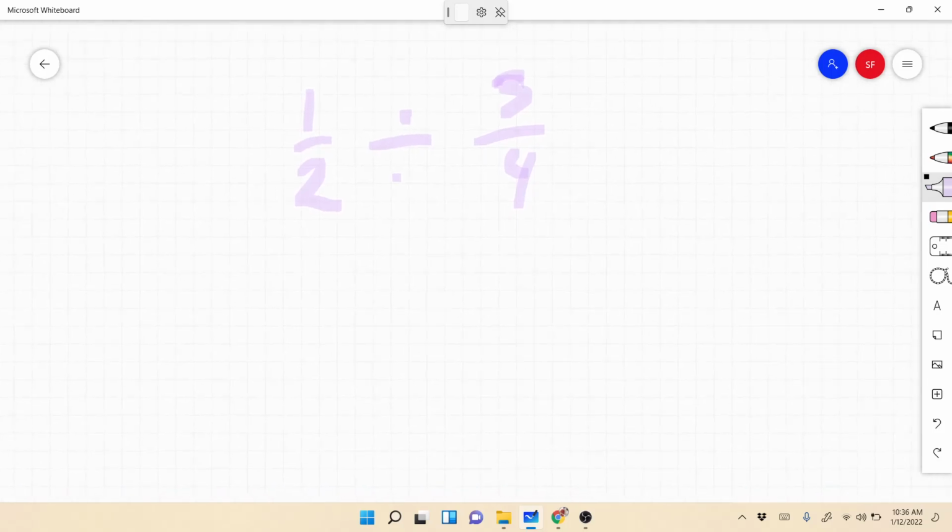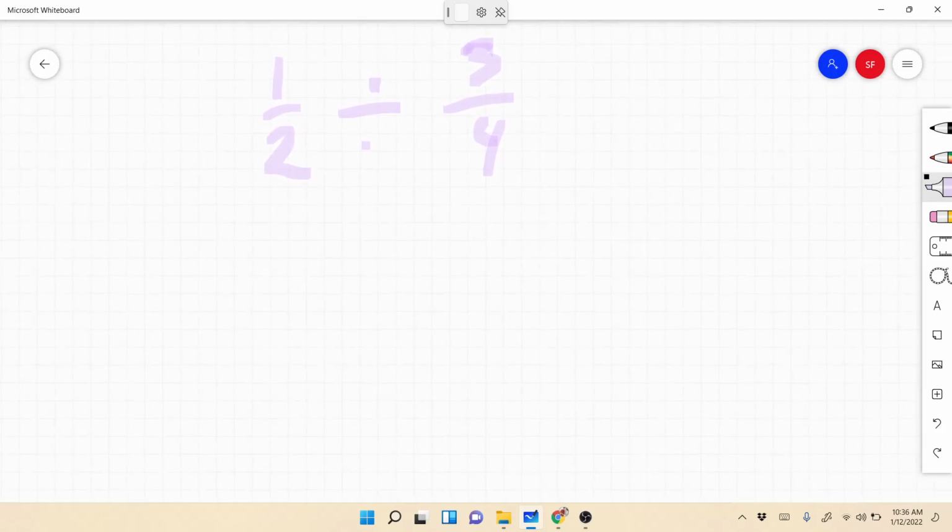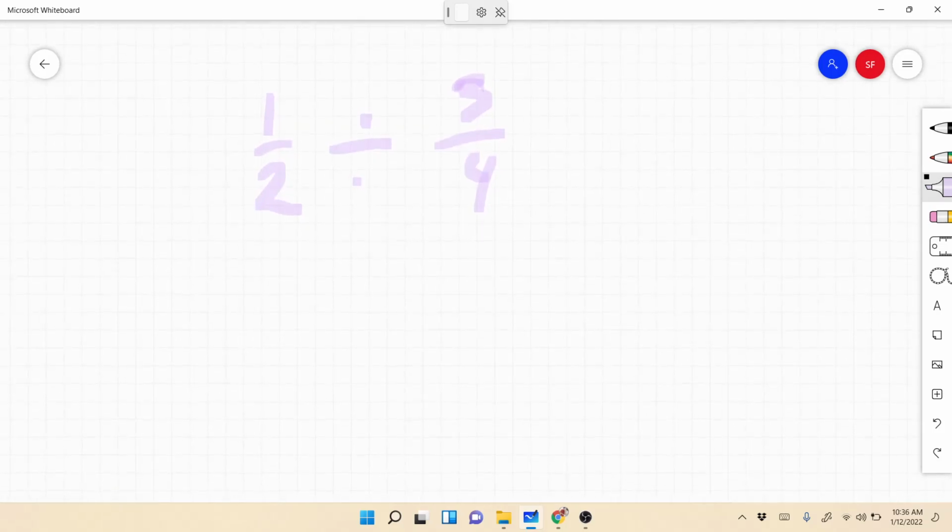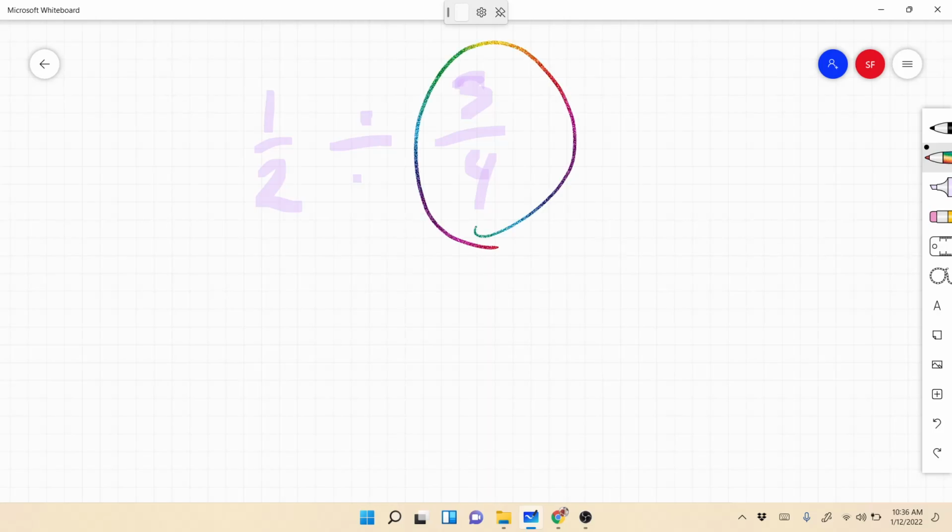Y'all remember? Just divide straight across. Not quite. No, that would be easier if we're multiplying. We multiply straight across. We have to do something with this one first. Y'all remember? Does that clue get us closer? Not to you. Well, let's remind you.